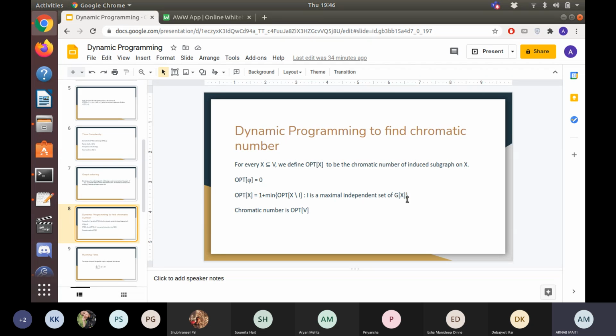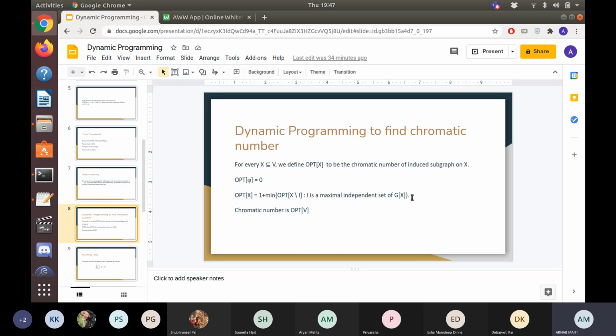But the main question is, why will it work? Why is OPT(X) equal to 1 plus the minimum of OPT(X minus I), where I is a maximal independent set of the induced subgraph on X? Why is it the case?